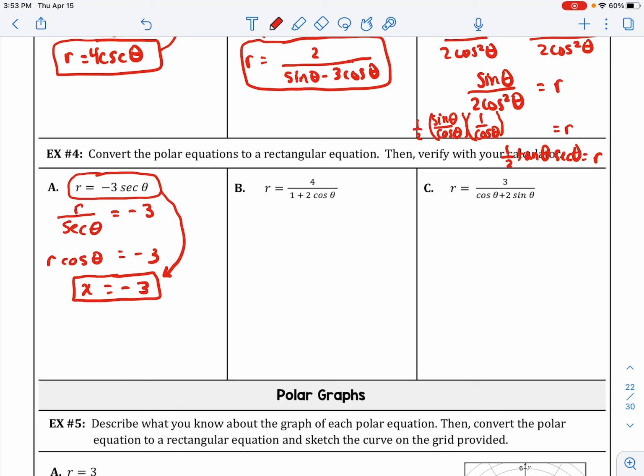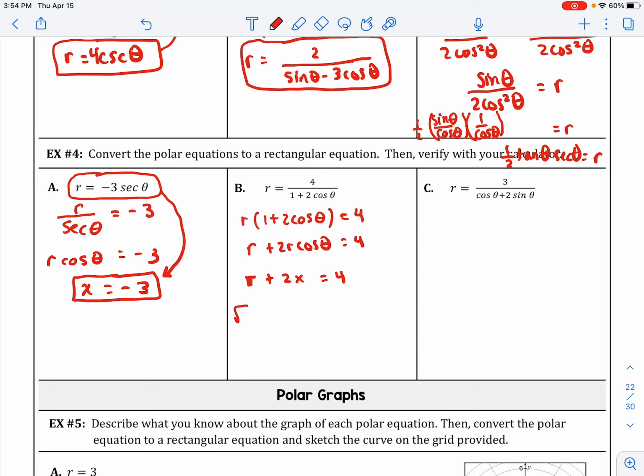And then this one, if we multiply by 1 plus 2 cosine theta on both sides, so r times 1 plus 2 cosine theta equals 4. r plus 2r cosine theta equals 4. r plus 2x equals 4.